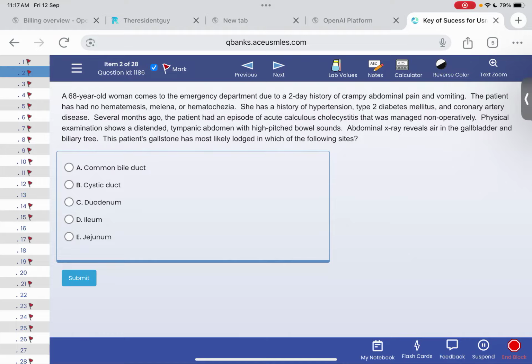Several months ago, the patient had an episode of acute calculous cholecystitis that was managed nonoperatively. Physical exam shows a distended tympanic abdomen with high-pitched bowel sounds. Abdominal X-ray reveals air in the gallbladder and biliary tree. This patient's gallstone has most likely lodged in which of the following sites?